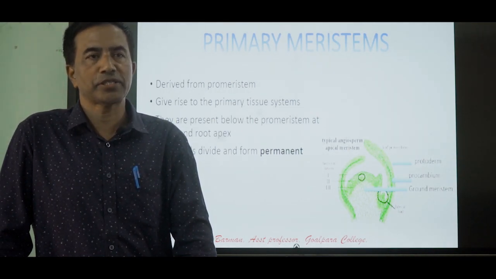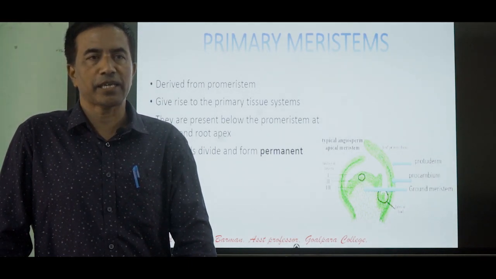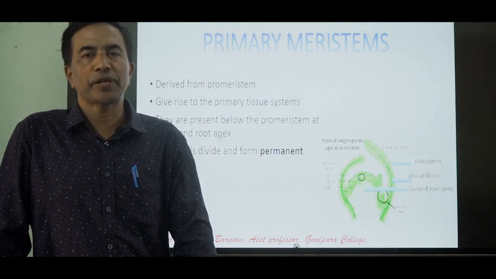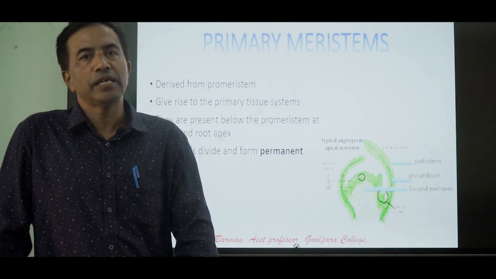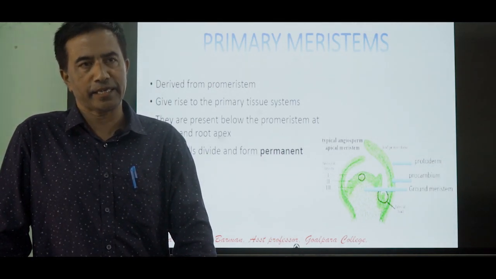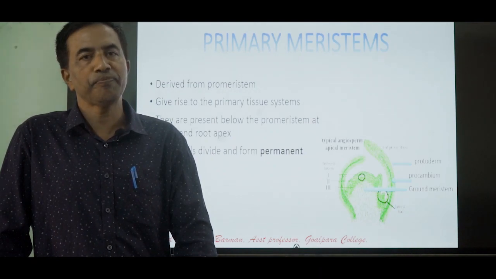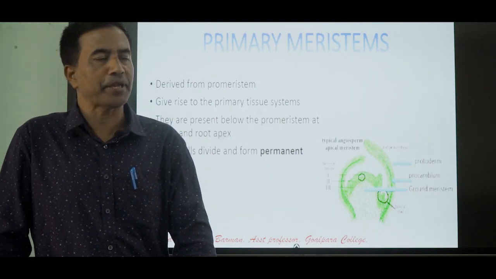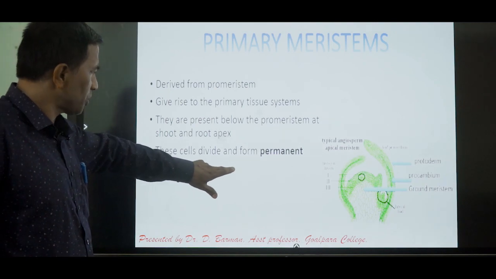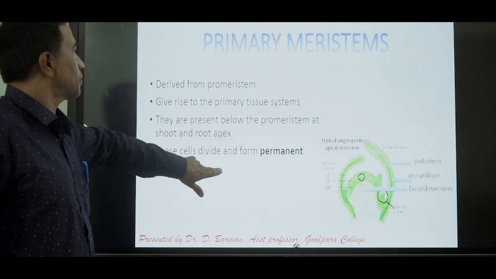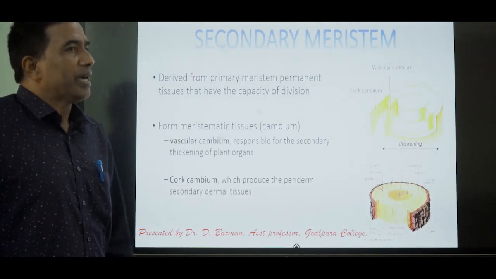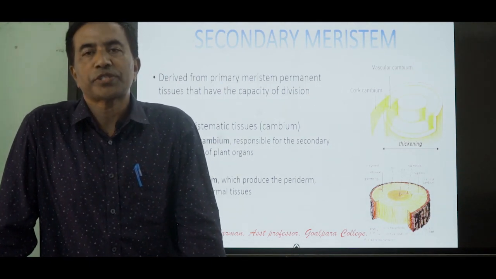In plants, there are two types of growth: primary growth and secondary growth. Primary growth means growth in length, and secondary growth means growth in thickness. So primary meristem is responsible for primary growth and forms primary permanent tissue. Next is the secondary meristem.